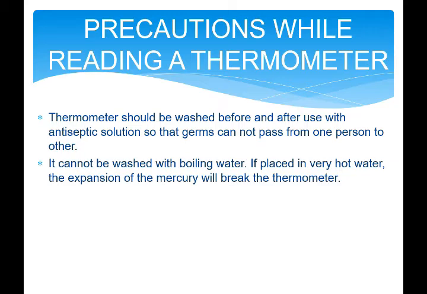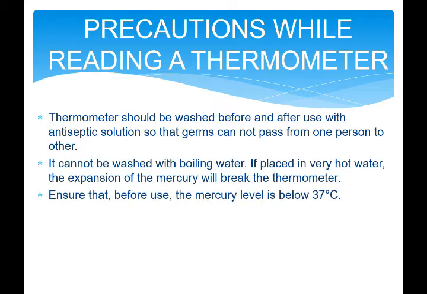The range of a clinical thermometer is only 35 degrees Celsius to 42 degrees Celsius. If the temperature is more than 42 degrees Celsius, the mercury does not get space to expand and breaks the thermometer. Ensure that before use the mercury level is below 37 degrees Celsius.